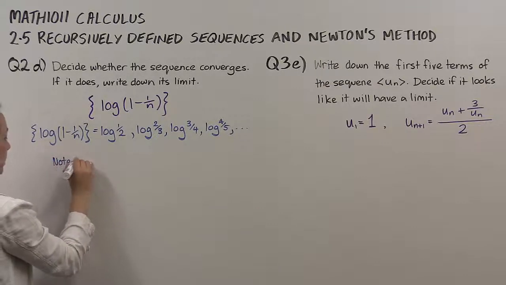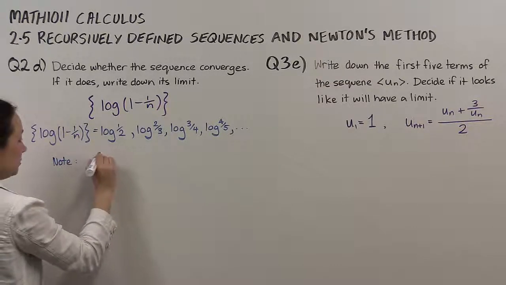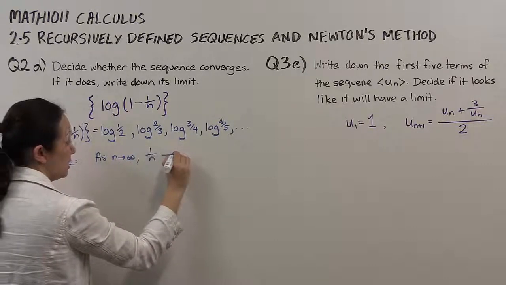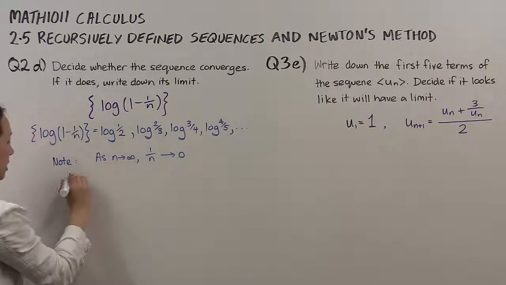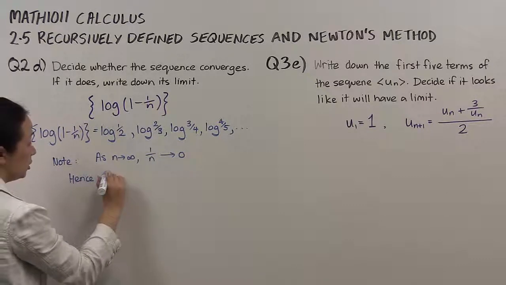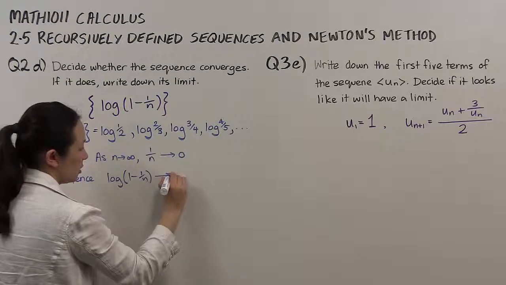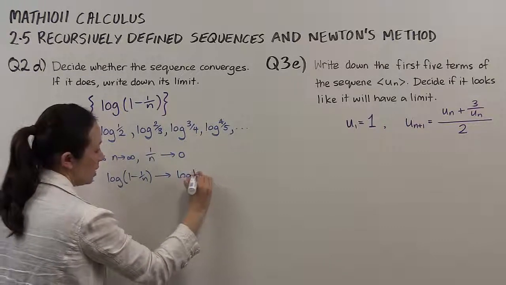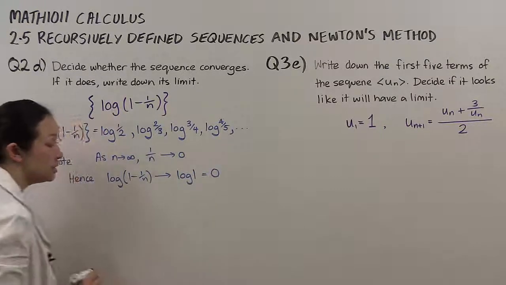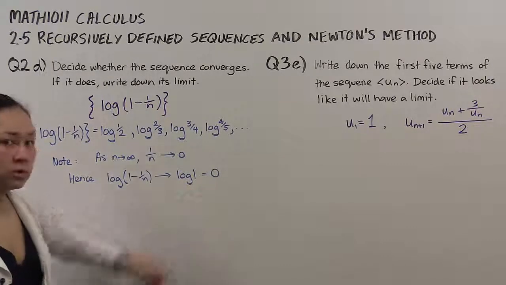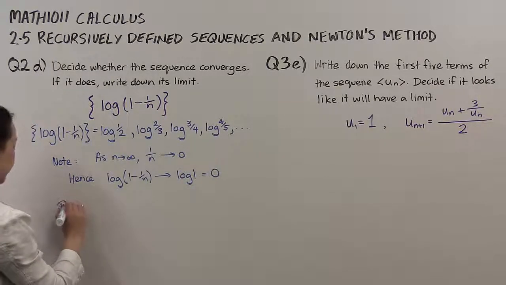Note that as n tends to infinity, 1 on n tends to 0. Hence this term given by log of 1 minus 1 on n is going to get closer and closer to log of 1, and log of 1 is 0. So it seems like the sequence is going to converge to a limit of 0.